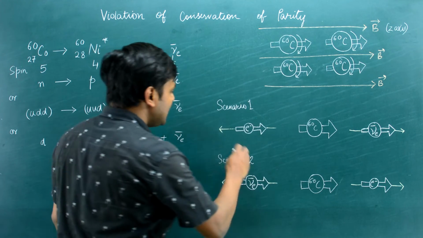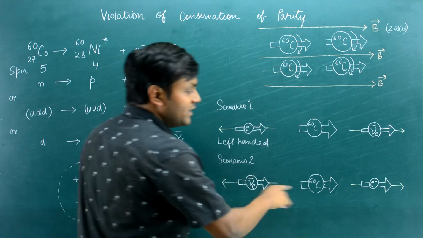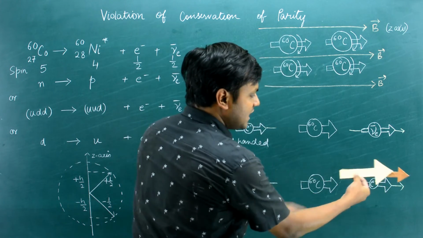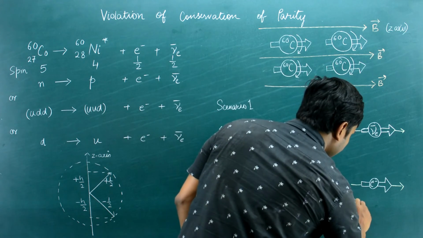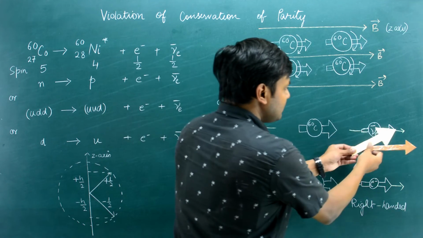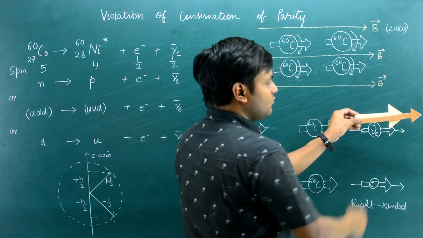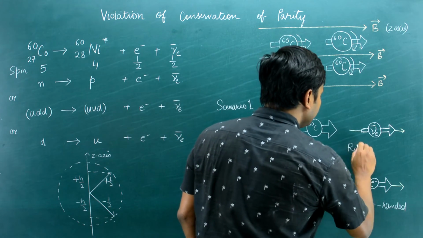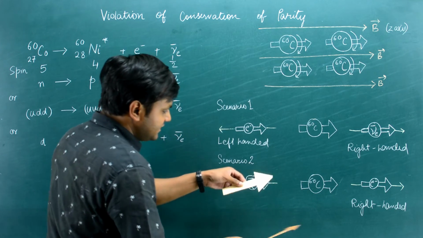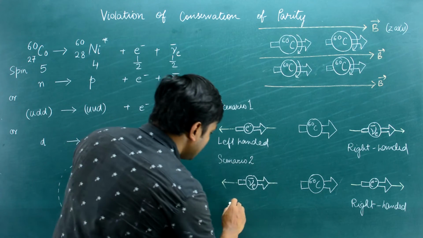That means it's a left-handed electron. While in the second scenario, the spin and the direction of motion are the same, so it's a right-handed electron. In the case of this antineutrino, spin and the direction of motion are the same, so it's right-handed. But in this case, the spin and the direction of motion are opposite, so this is left-handed.